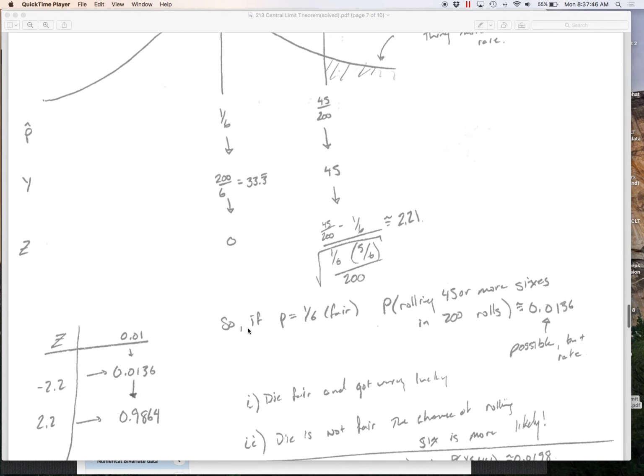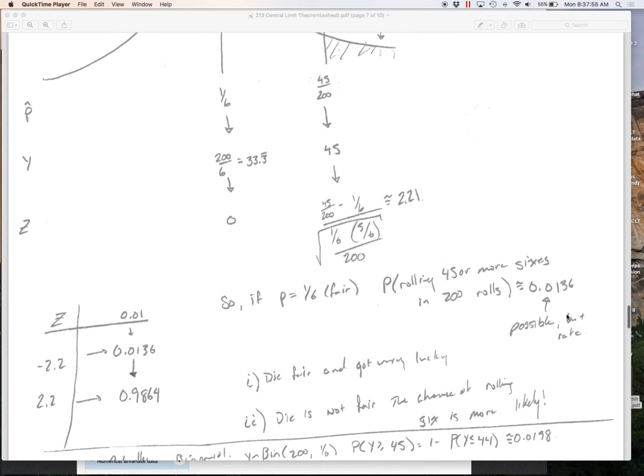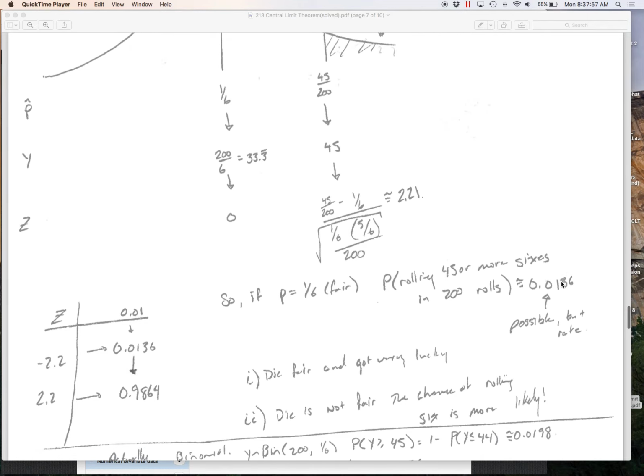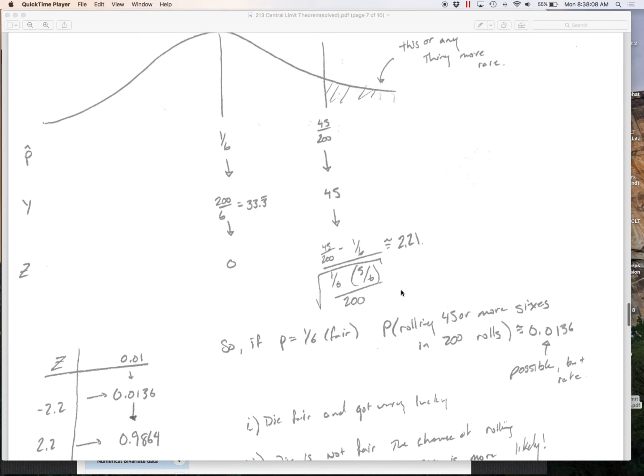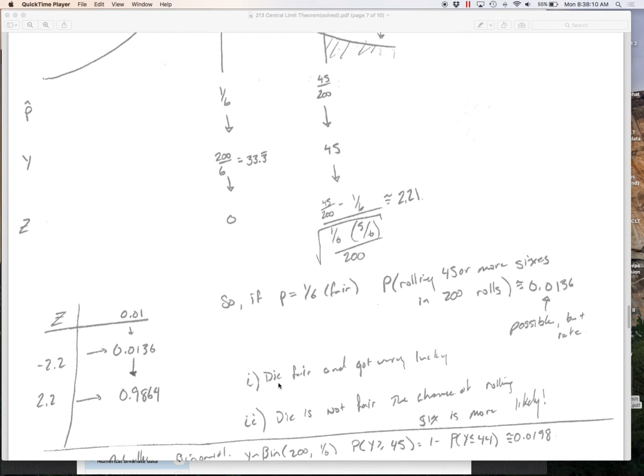If the die is fair, then the chance of getting 45 or more 6s is only 1%. Again, you start to look at this probability and decide which of these 2 possibilities seems more likely. If we're only talking about a 1% chance that this would happen, what do you believe? Do you believe the die is fair and we just got very, very lucky?